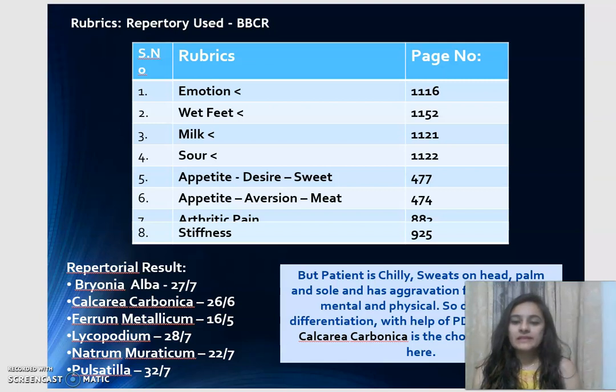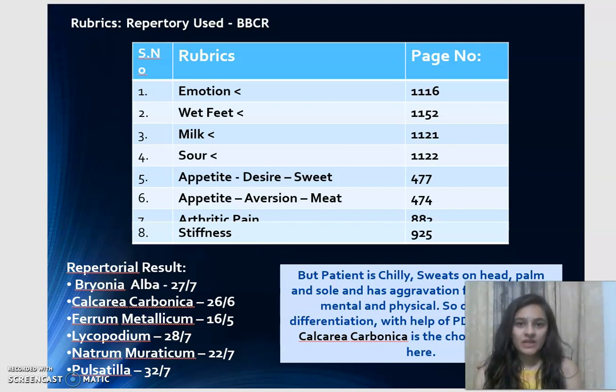So Pulsatilla is leading, followed by Lycopodium, which has 28/7, followed by Bryonia, and so on and so forth. So we have some close running remedies which could be given to the patient, but now we have to choose one out of all. It doesn't mean we will give Pulsatilla just because it has the most marks.